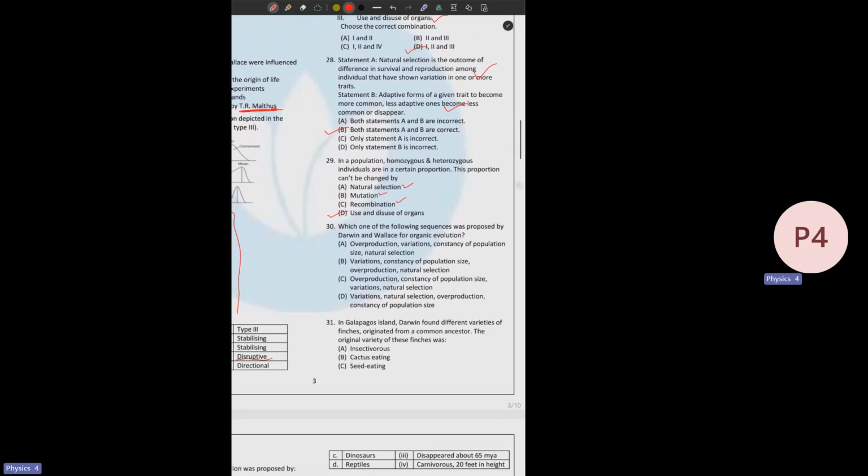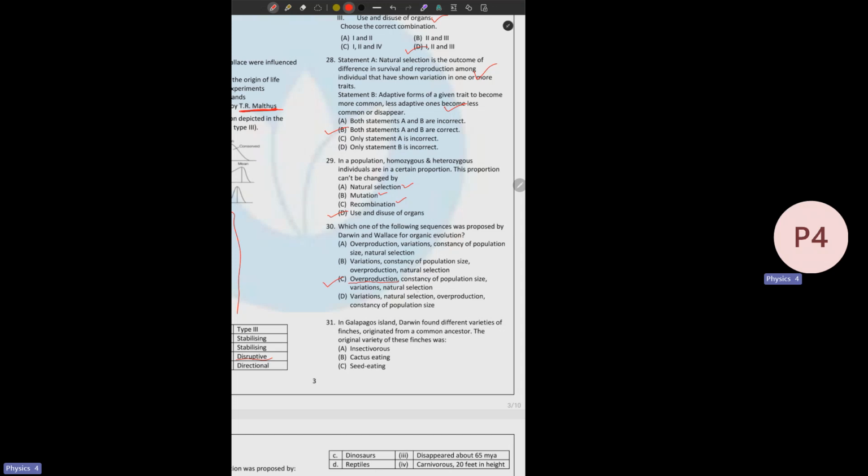Which one of the following sequences was proposed by Darwin and Wallace for organic evolution? The correct answer over here is C. And it goes like this: every organism has an enormous ability to reproduce. So overproduction can be done by any organism or any population.